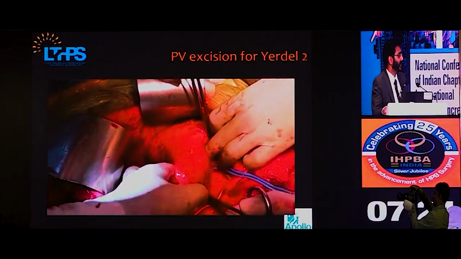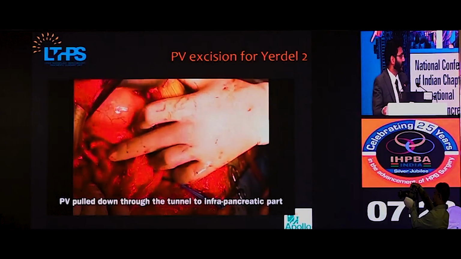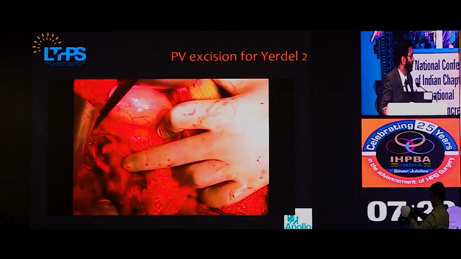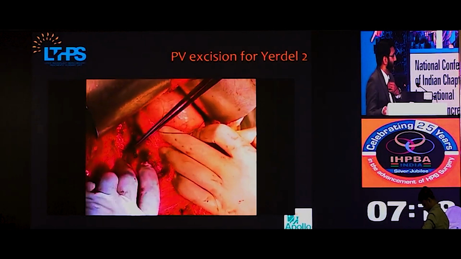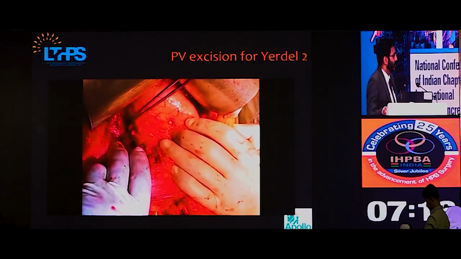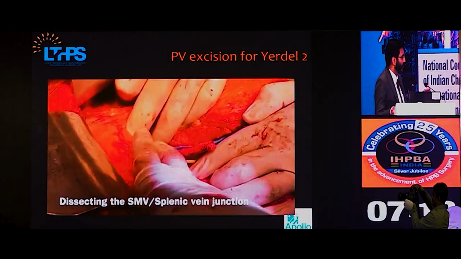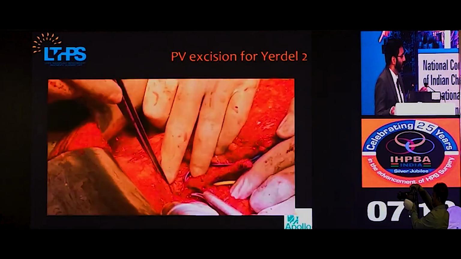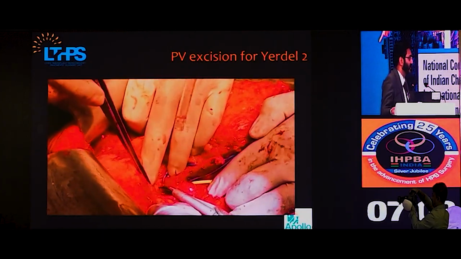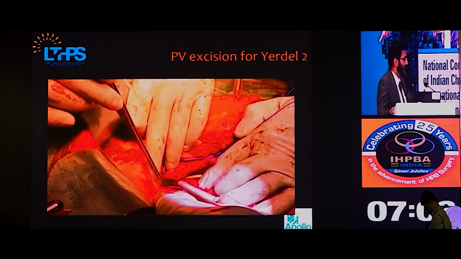So we decided to reconstruct this portal vein. Here we are bringing it below the pancreatic neck. We dissected it, brought it all the way down to the superior mesenteric vein, splenic vein junction. This is behind the pancreas.